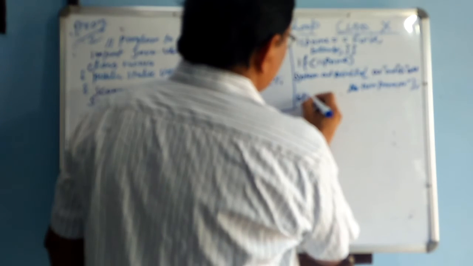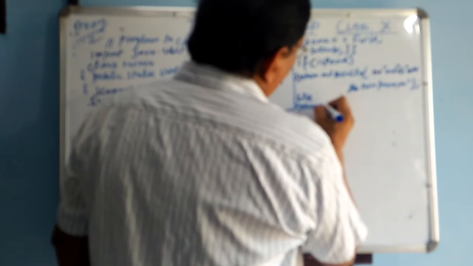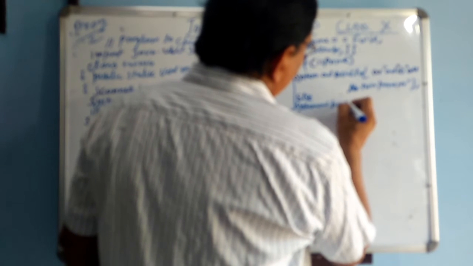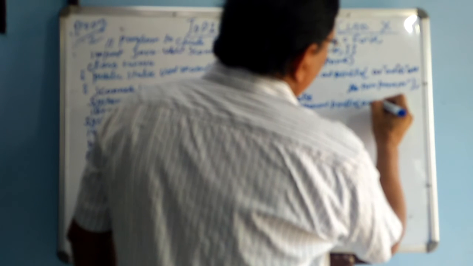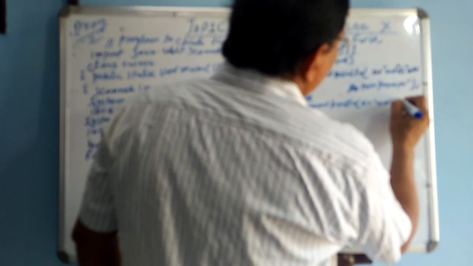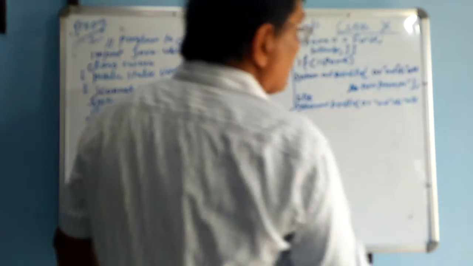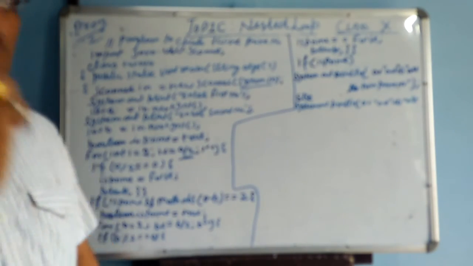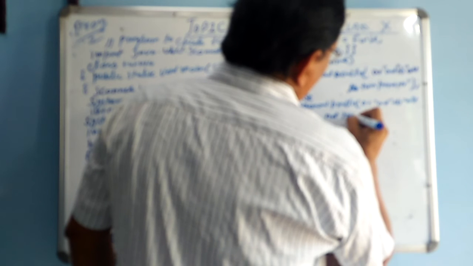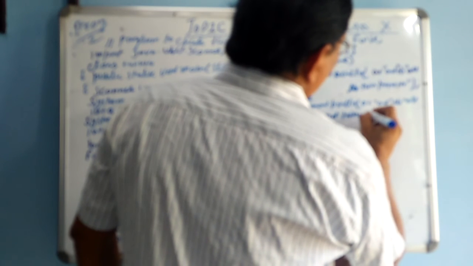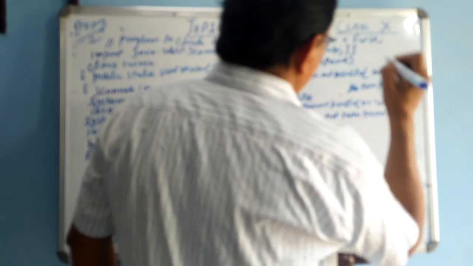Else system dot out dot println A and B are not twin prime number.